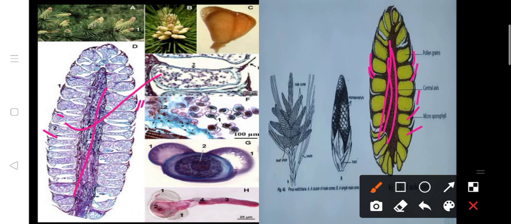Two microsporangia or pollen sacs are present on the abaxial surface, the lower side of the microsporophylls. These are the microsporangia.